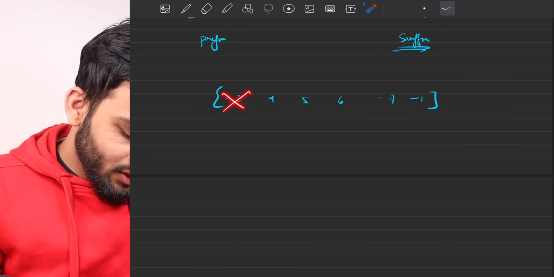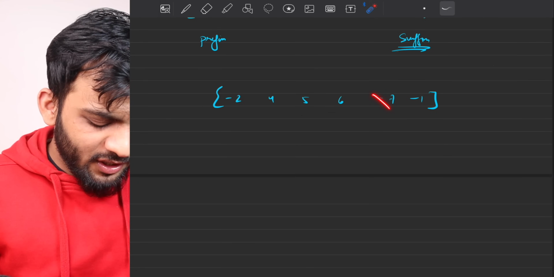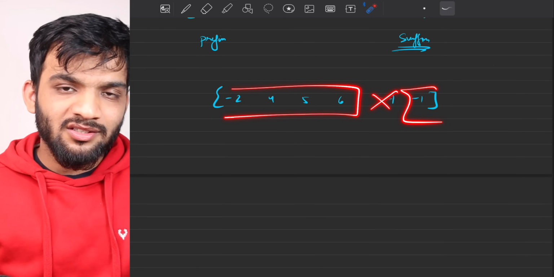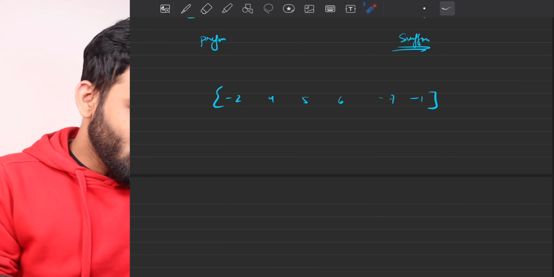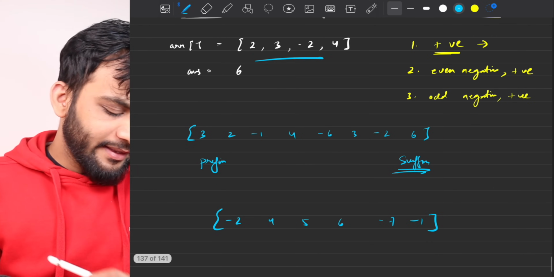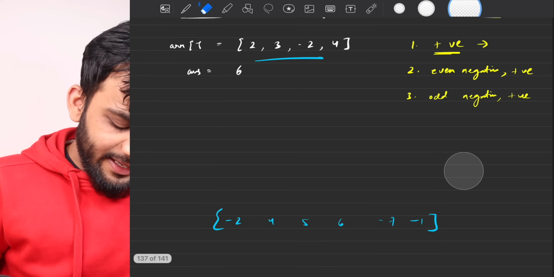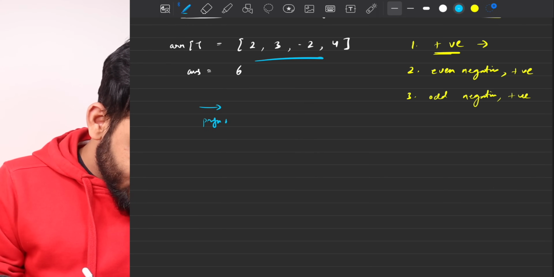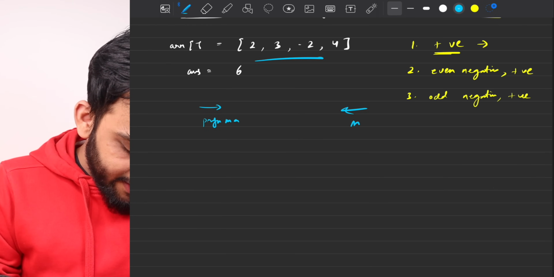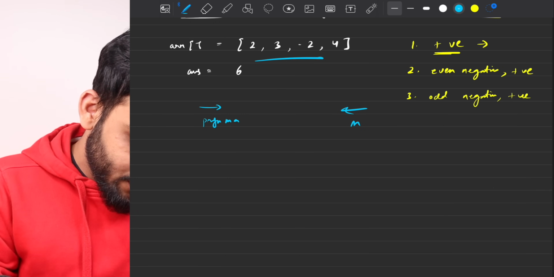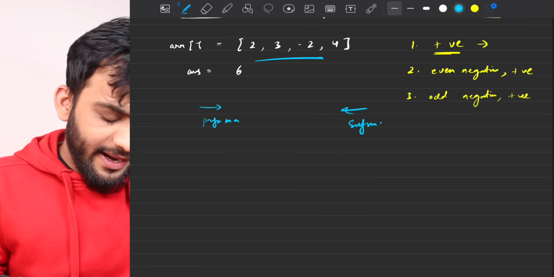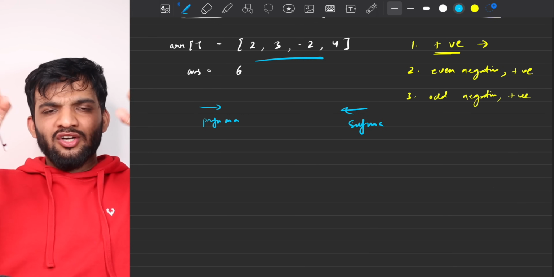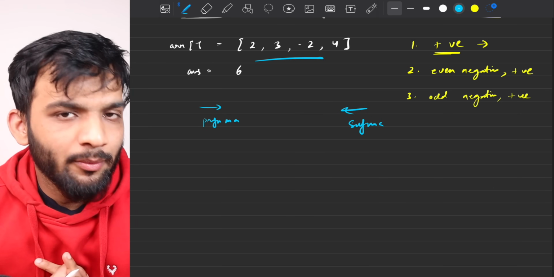If you remove this, the suffix is the answer. If you remove this, the prefix or the suffix is the answer. So I kind of got an idea that I need to start from the first, get all the prefix max. I got to start from the back and get all the suffix max. And at whatever junction, whatever is maximum, that will be my answer.